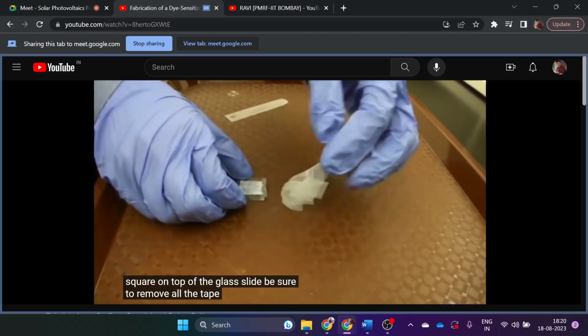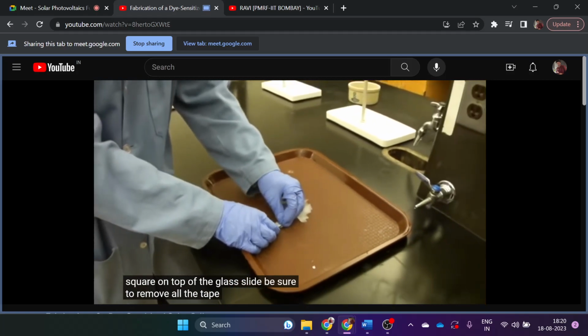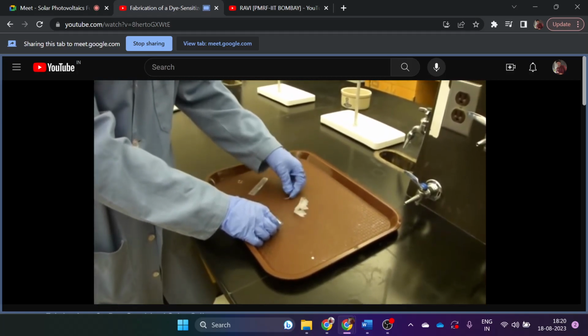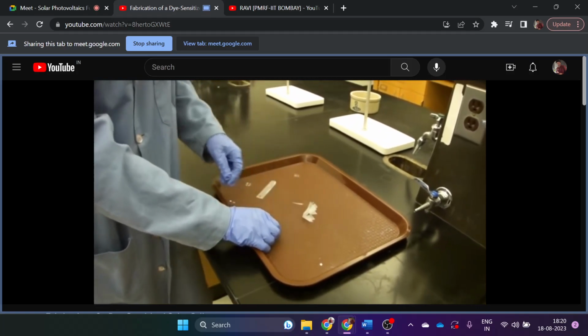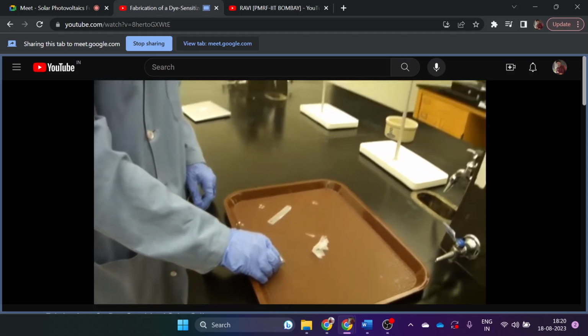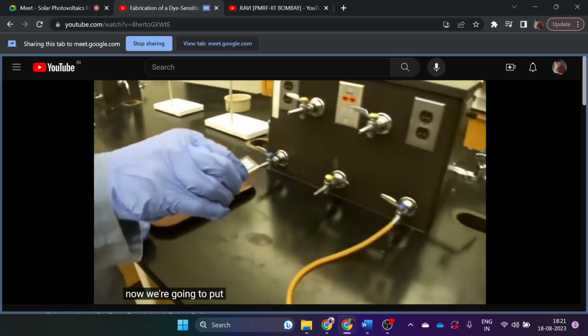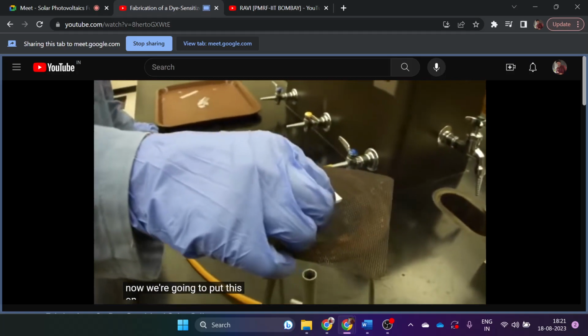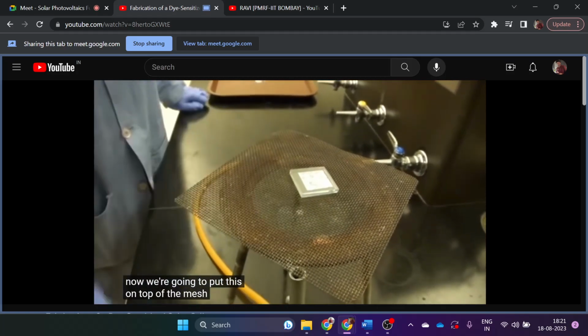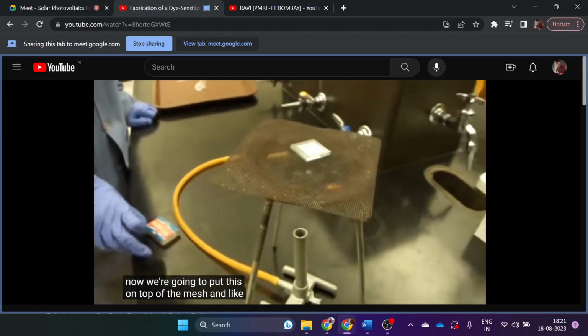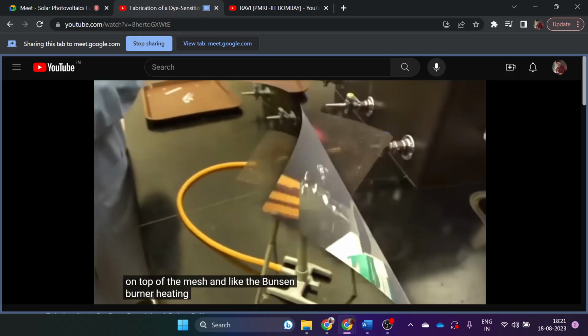Be sure to remove all the tape. Now we're going to put this on top of the mesh and light the Bunsen burner.